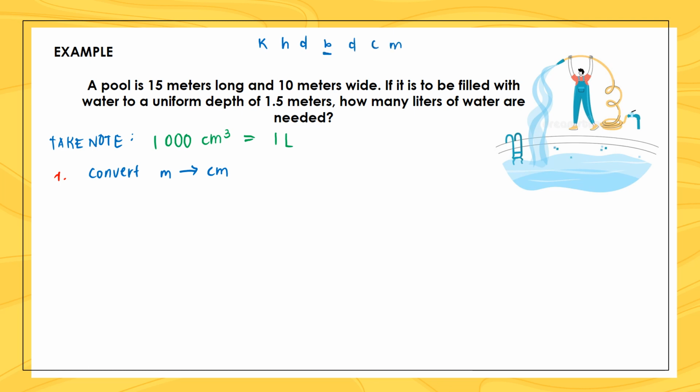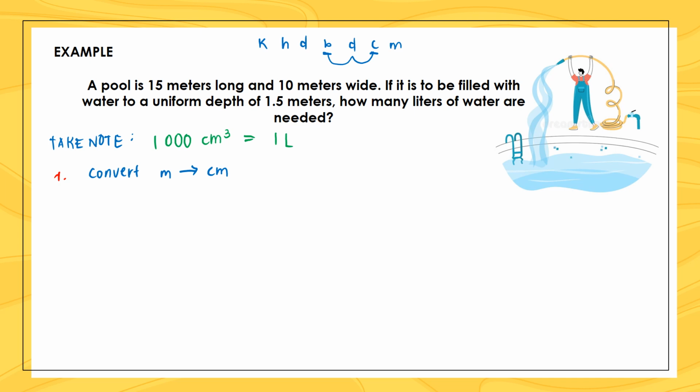So from this, your basic unit is the meter. Meter to centimeter. How many places to reach centimeter? 1, 2. 2 decimal places, or you move your decimal point 2 places to the right.